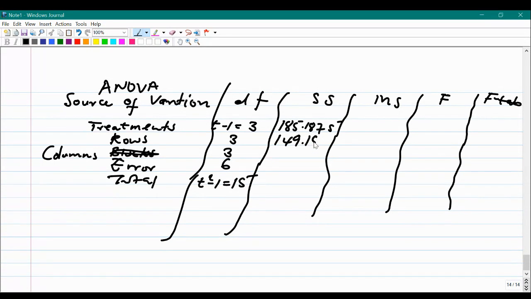I think the decimals are the same for all the numbers. The columns, 573.1875.